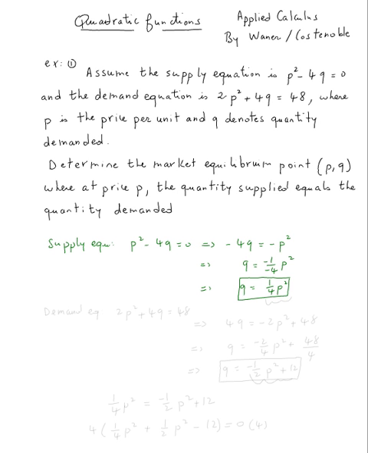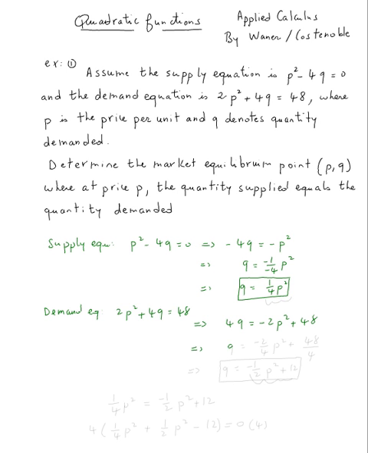Now we'll do the same thing for the quantity demanded. We know that the demand equation, this is given to be 2p squared plus 4q equals 48. Now this means if we solve for q, we get 4q equals minus 2p squared plus 48.